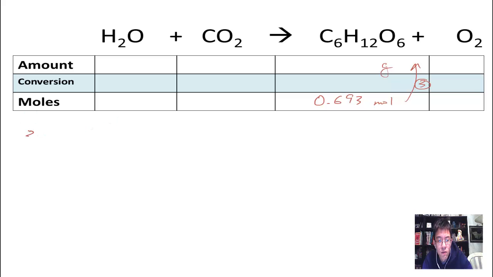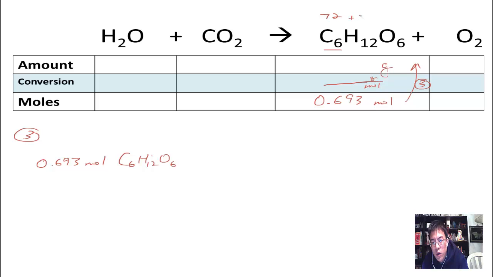In this final conversion, step 3, I have 0.693 moles of C6H12O6. I know I need to convert from moles to grams, and I know where to get that from the periodic table because it's a molar mass. 6 times 12 is 72, plus 12 times 1.01 is 12.12, plus 16 times 6, which is 96. That adds up to about 180.12 grams per 1 mole.